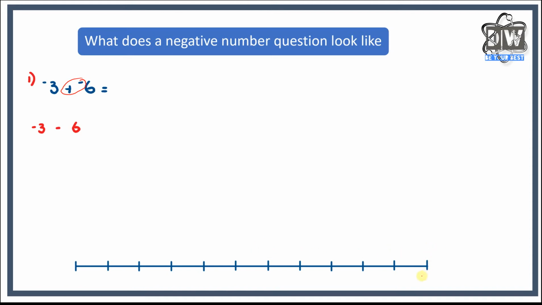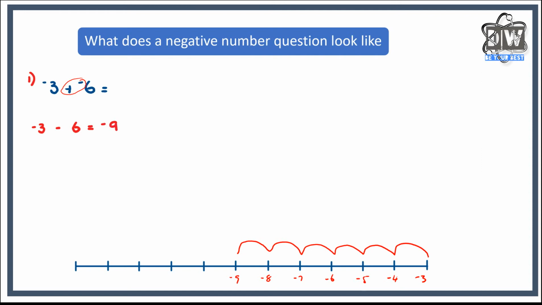We're going to start with minus 3 here, and then we're going to go to the left. We're going to go 1, 2, 3, 4, 5, 6. And we can just add the numbers for a start. And we can see it's going to be minus 9. And we could write out the answer there to be minus 9.